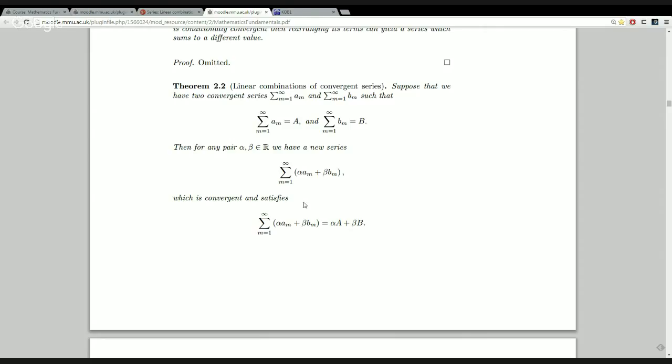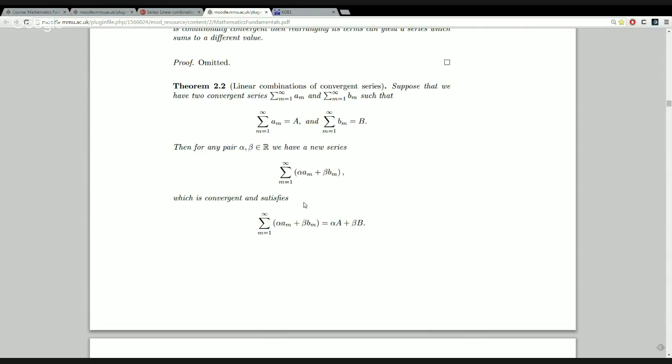Now I'll just replace the Cm with what it is. This is alpha Am plus beta Bm. That's just the definition of Cm. Now we do a little bit of algebra. Here you've got a finite sum.